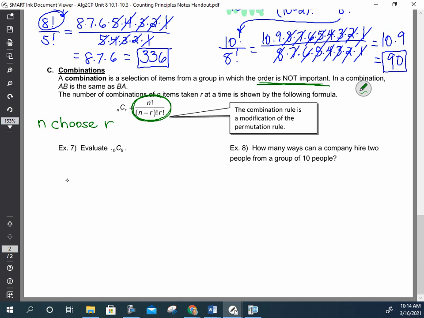So let's use our formula: N factorial over N minus R factorial, and then R factorial. The N is going to get used twice, the R is going to get used twice. No big deal. 10 factorial divided by 10 minus 5 factorial, 5 factorial.